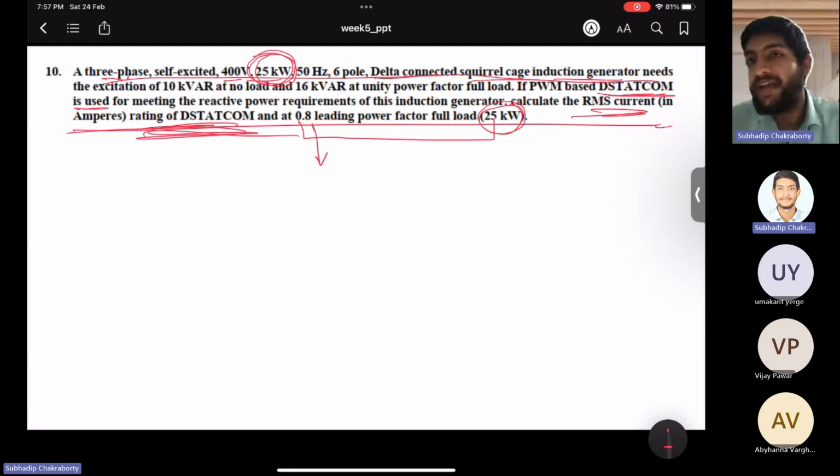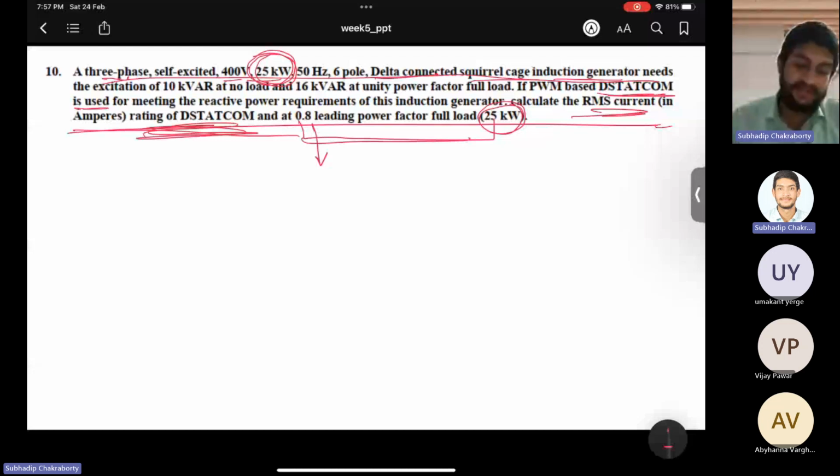Why do you need reactive power for the load? Anyone? Because it is a 0.8 leading power factor load, so the load will also itself draw some reactive power. And who else needs reactive power? The induction generator.